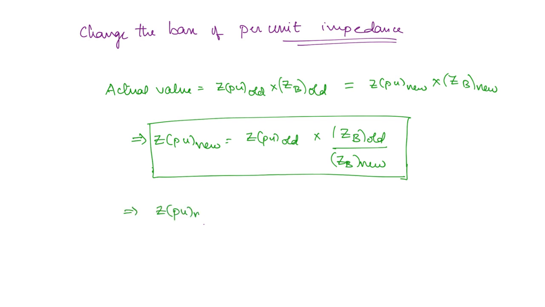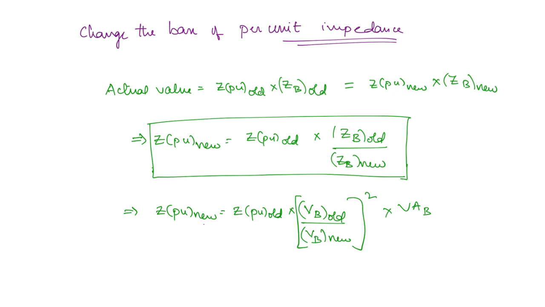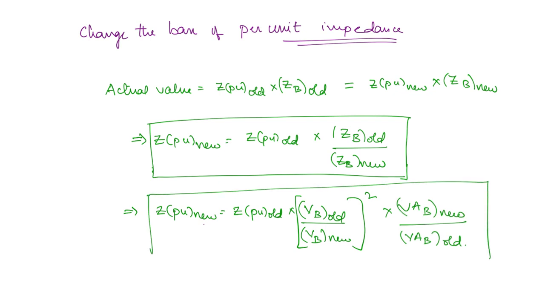So Z per unit new is equal to Z per unit old into the voltage base old value divided by new base value whole square into volt ampere base new value divided by the old value. Okay. So this is also one expression you can find in either base.